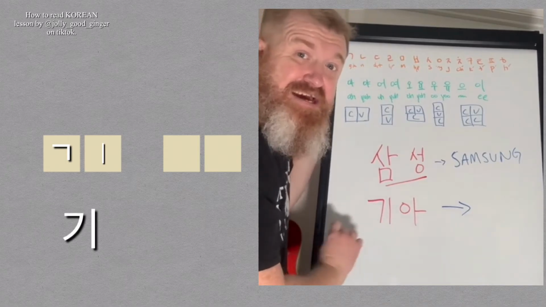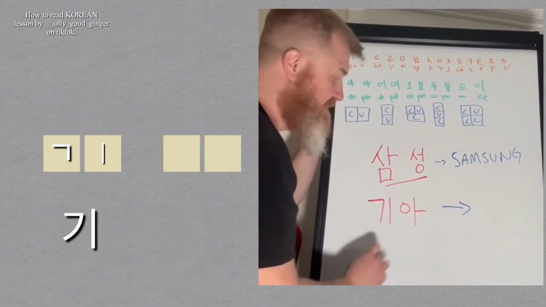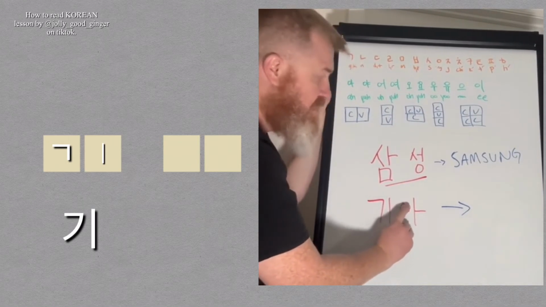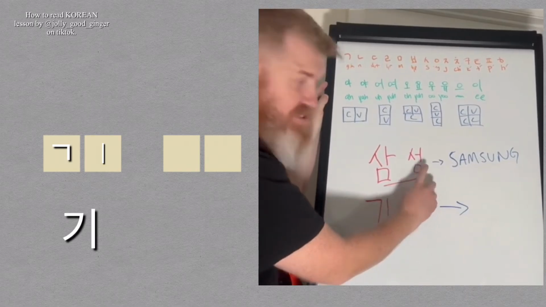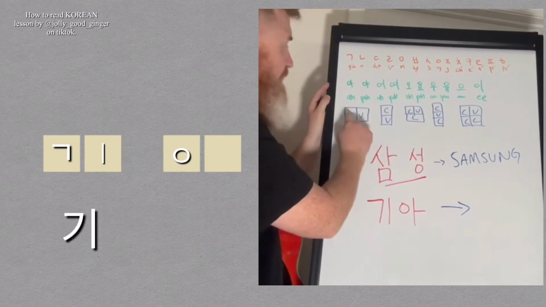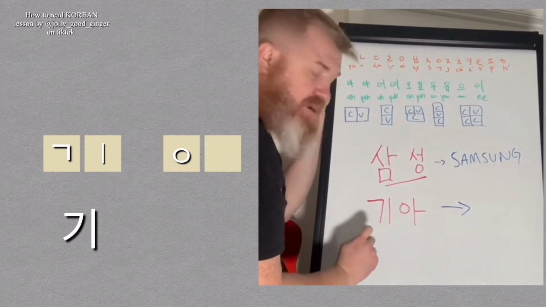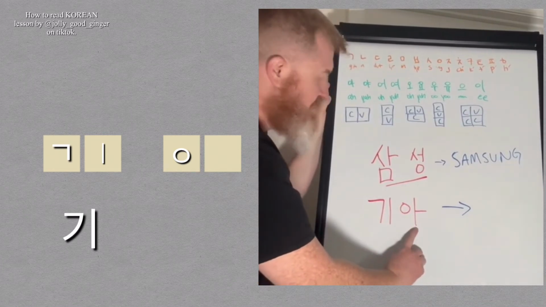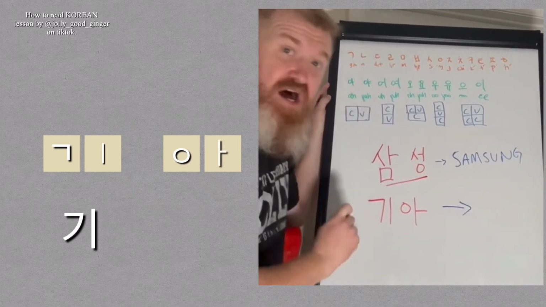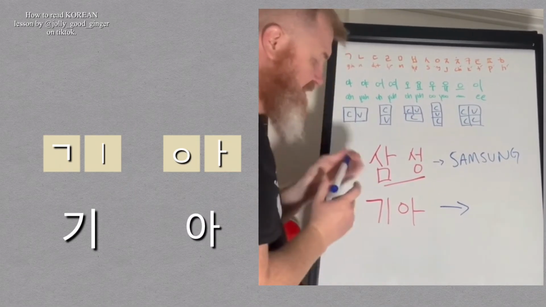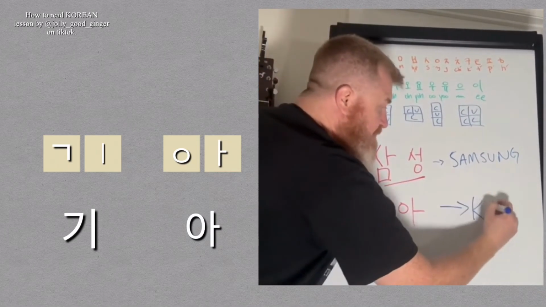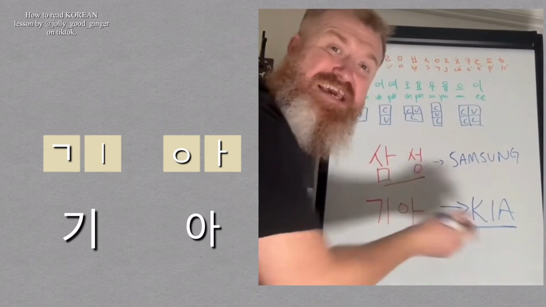So gi. This circle, right here it made the ng sound, but right here it's silent, because whenever it holds the first position, it's silent. So we don't even pronounce that. We just go straight to the vowel, which is right here, ah. Kia. You've probably heard of this very popular car brand, Kia.